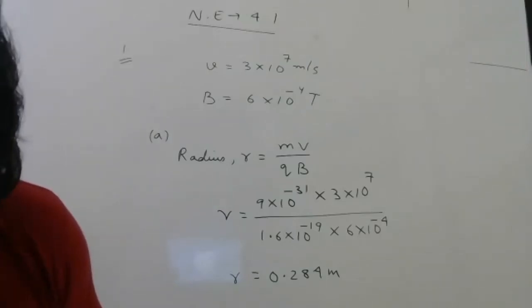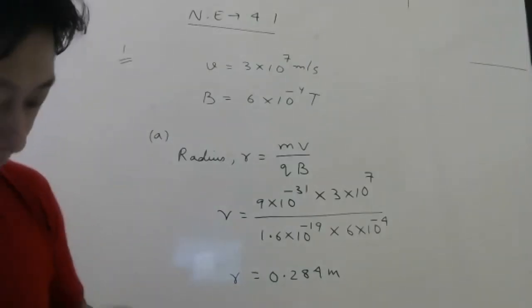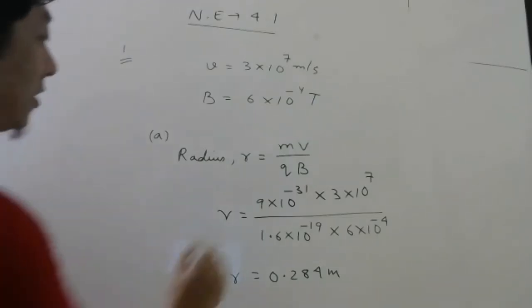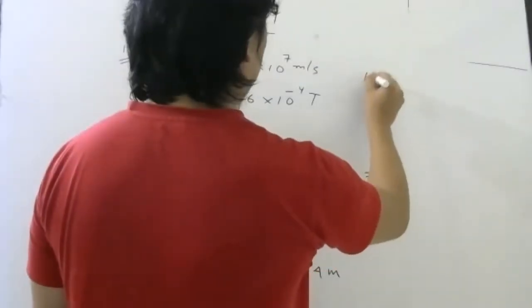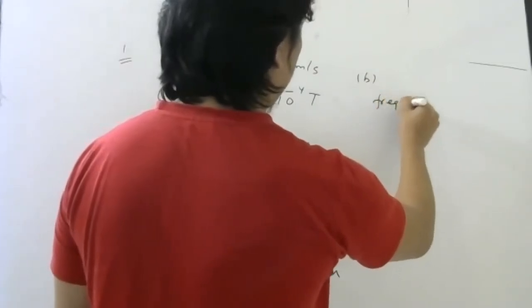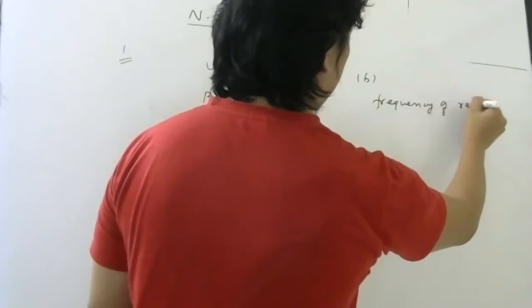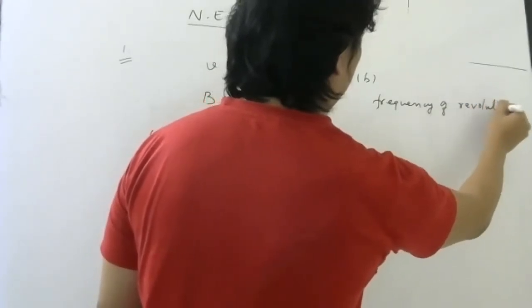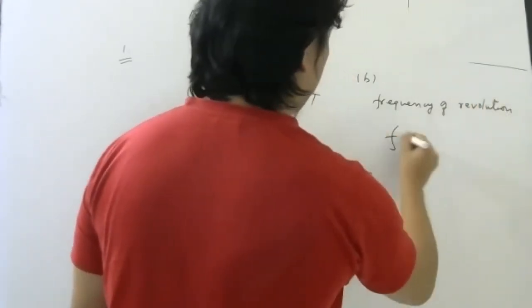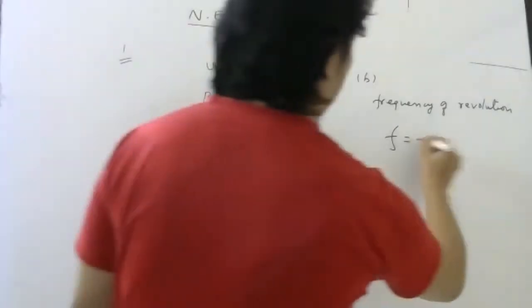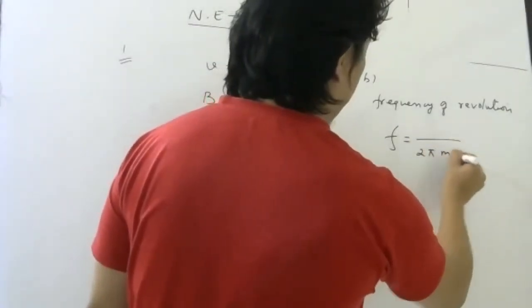Second part, what are they asking? Second part is, what is its frequency? Frequency of revolution they are asking. So frequency of revolution is 1 by time period, and time period formula was 2 pi m by qB.